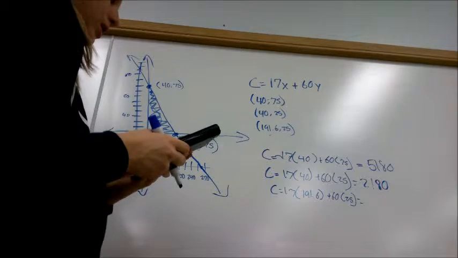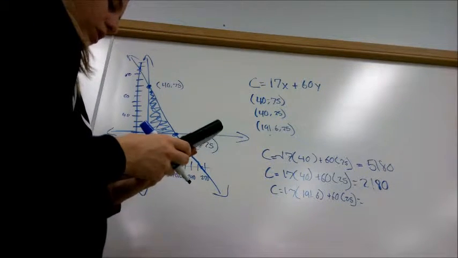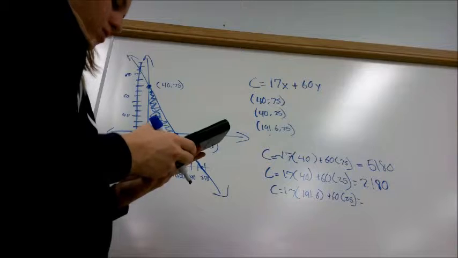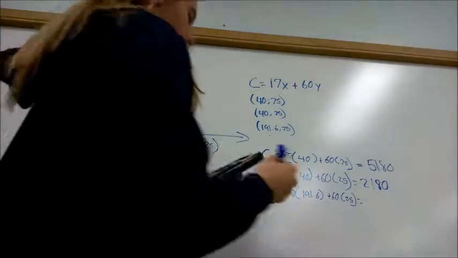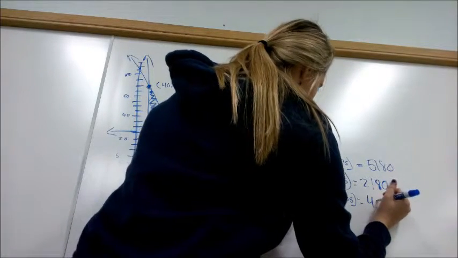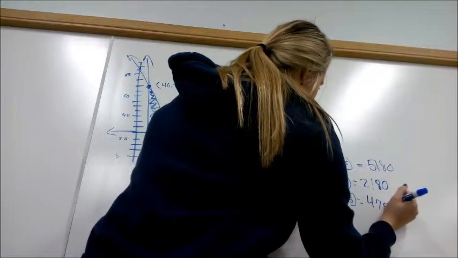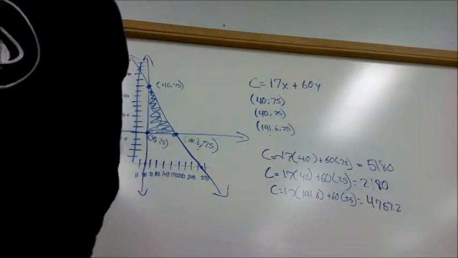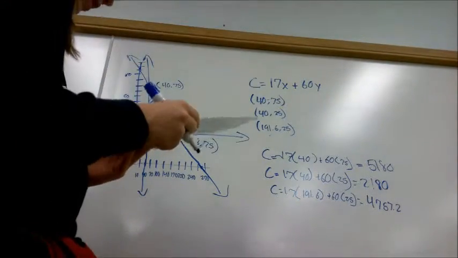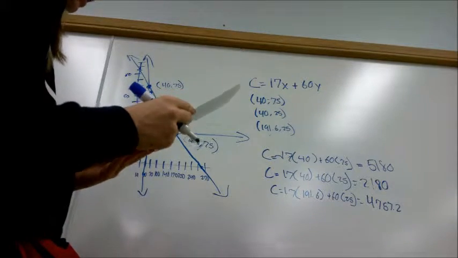And 17 times 191.6 plus 60 times 25 equals 4,757. So from here you find your minimum and your maximum. So the smallest and the largest number. So your max is.